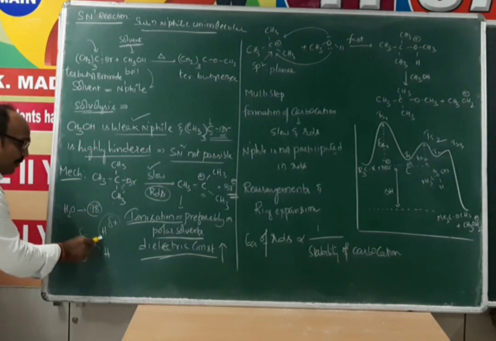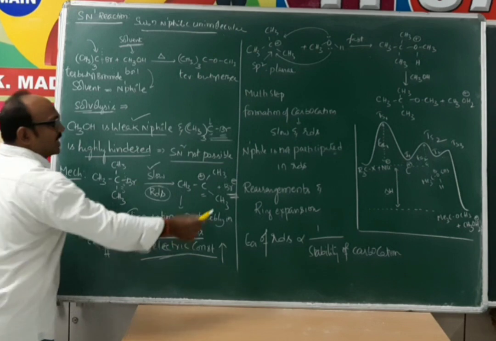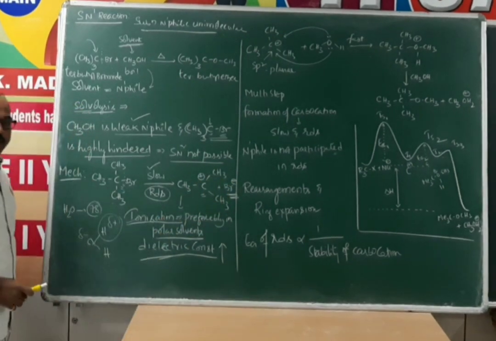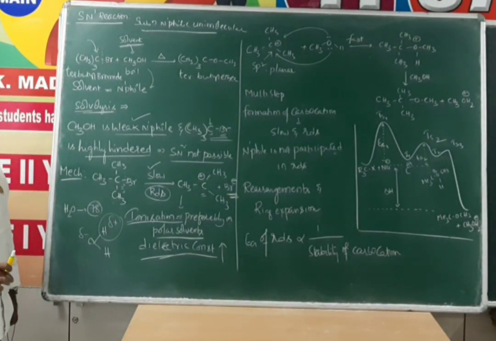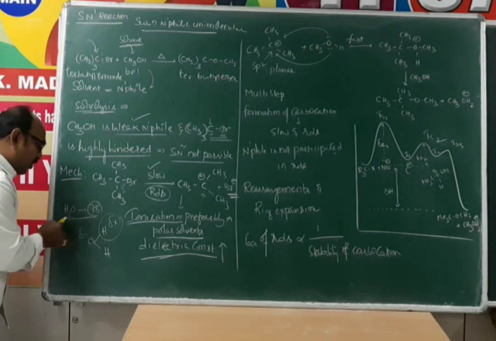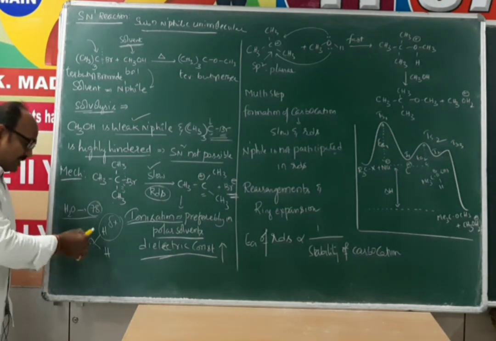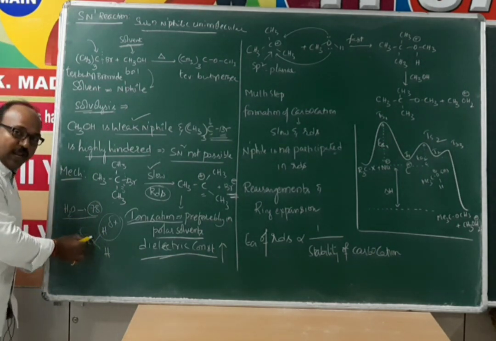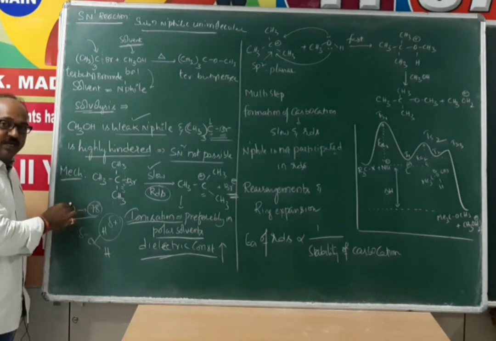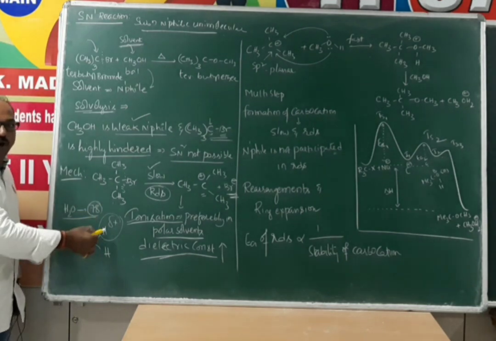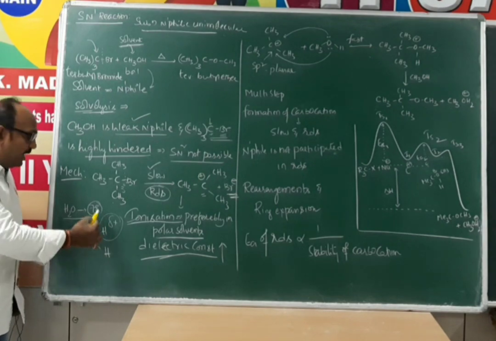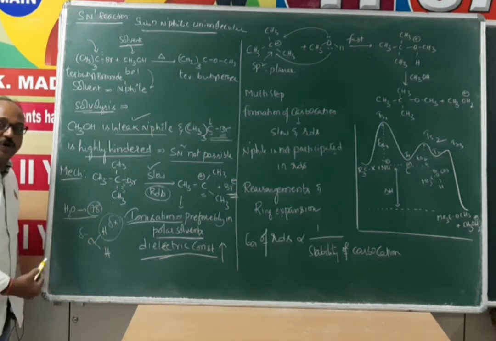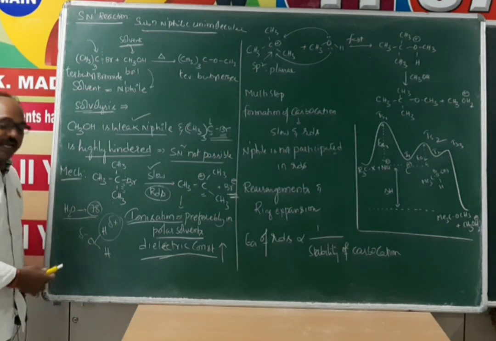Now these partially positively charged hydrogens are going to surround the Br minus. Repeating, water has a high dielectric constant of 78. That means the OH bond is more polarizable. The more the dielectric constant, the more the polarity of the solvent.